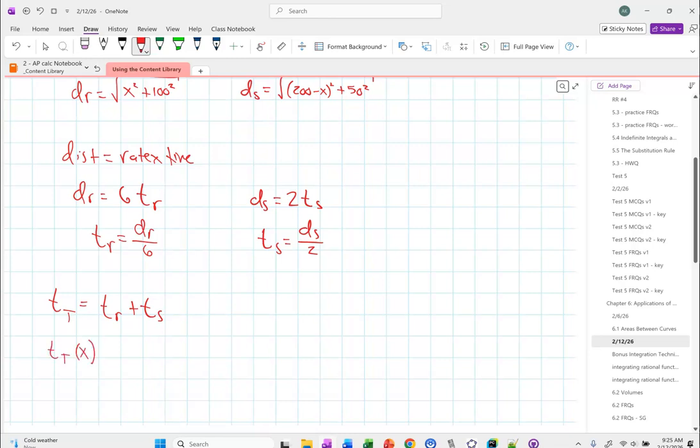So this is going to be a function of X, where I have square root x squared plus 100 squared all over 6 plus square root 200 minus x squared plus 50 squared all over 2.